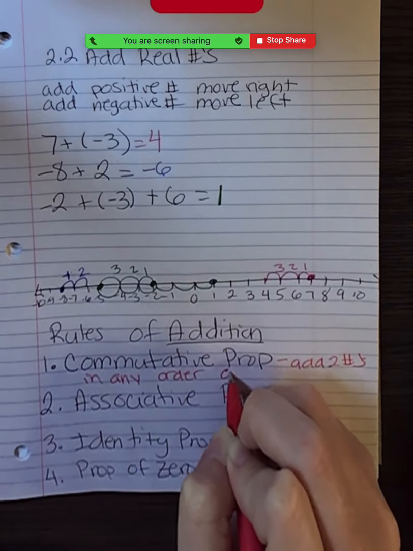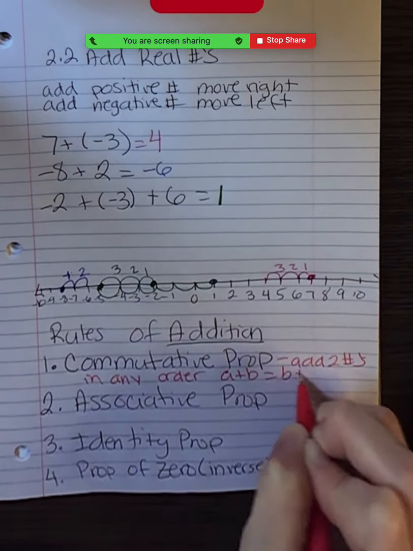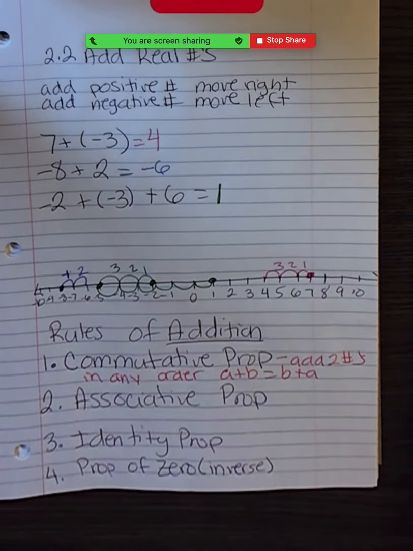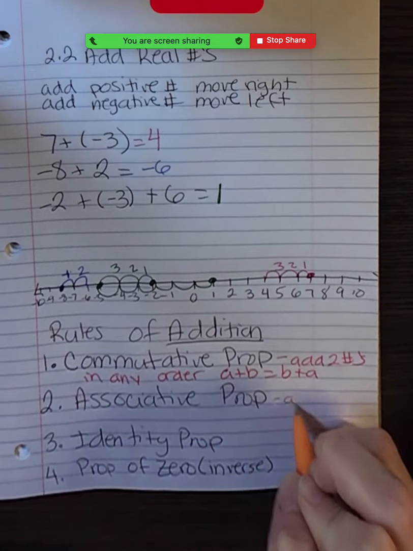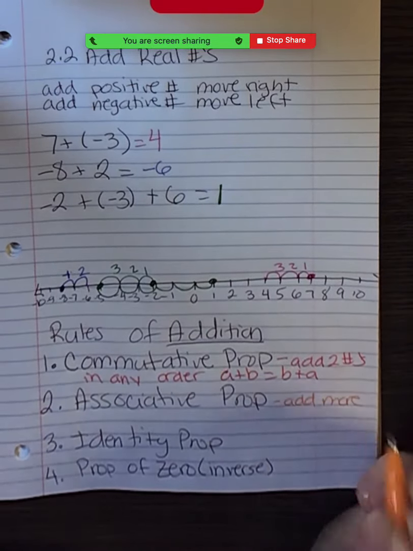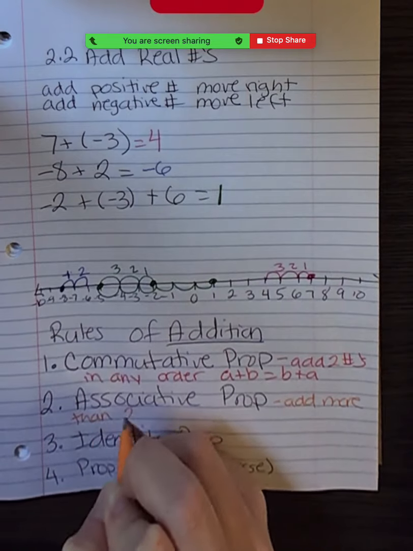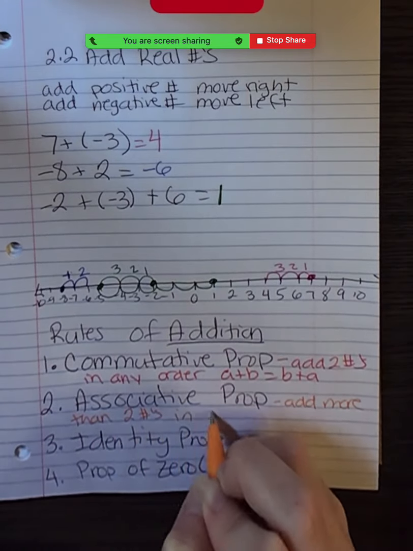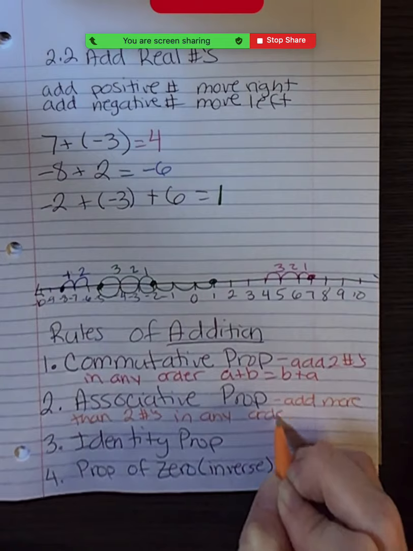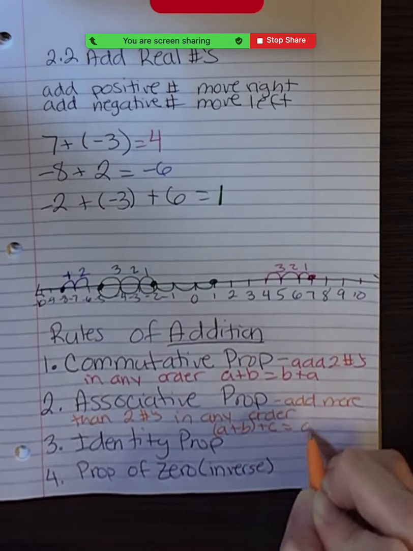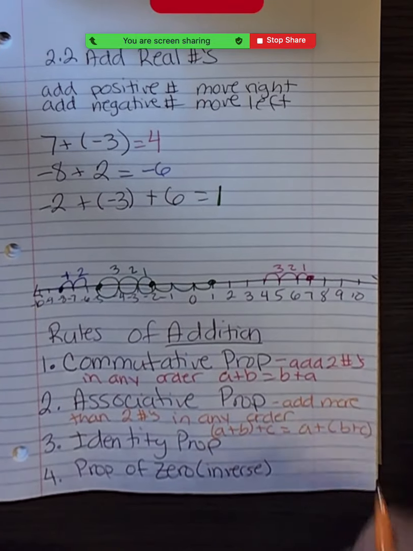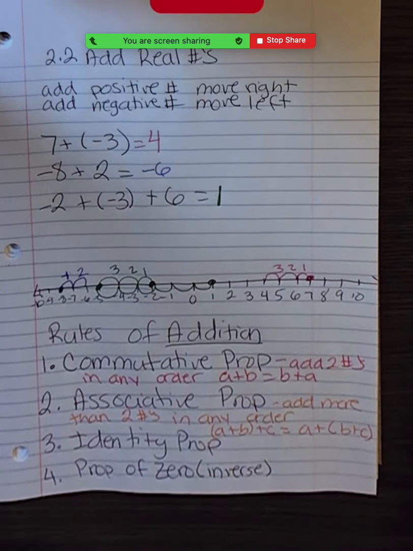So A plus B is the same as B plus A. The associative property is just an extension of this commutative property, saying you can add more than two numbers, and it's not going to change in any order. So we could do A plus B plus C, or you could do A plus B plus C in parentheses, and your value won't change.